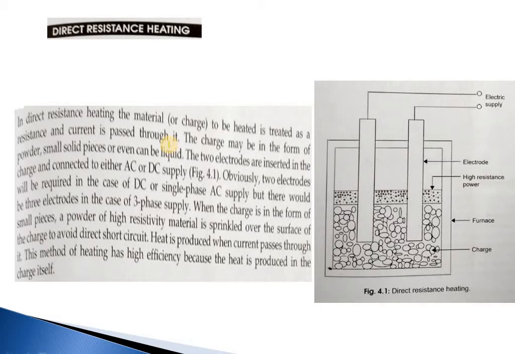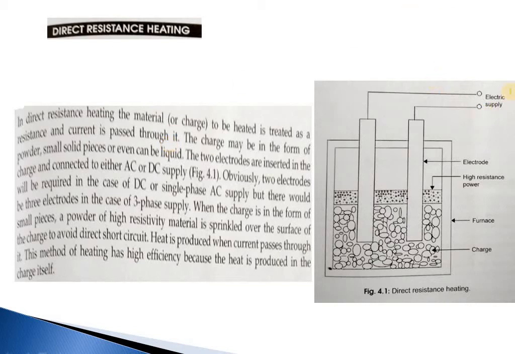In direct resistance heating, the material or charge to be heated is treated as a resistance and current is passed through it. The charge may be in the form of powder, small solid pieces, or even liquid. The two electrodes are inserted in the charge and connected to either an AC or DC supply as per the figure.